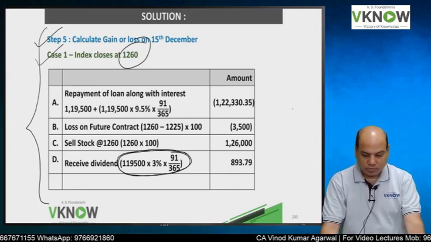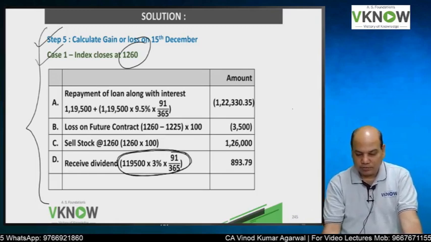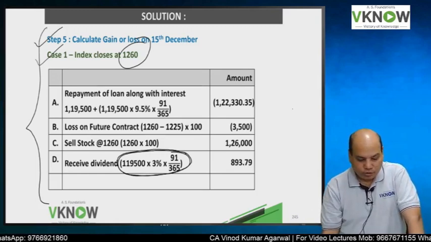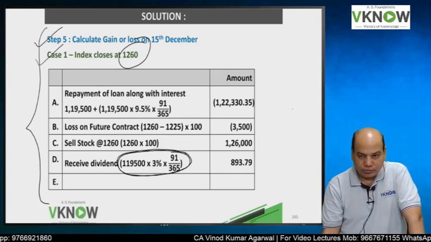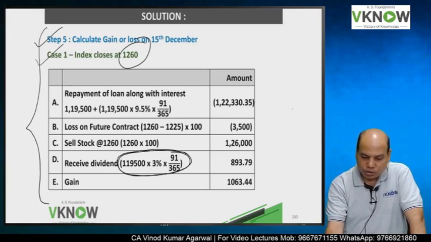Very good. Now my learned student will take the total of the last column. There are two negative, two positive figures. Gain will be equal to 1063.44. So whether the market goes up or goes down, we will make a gain.